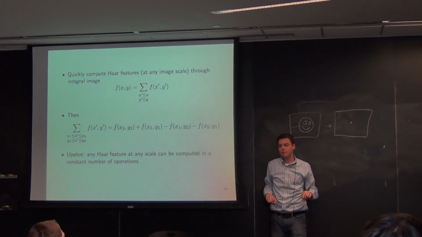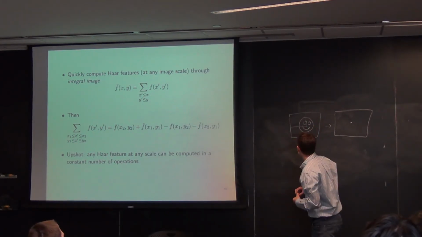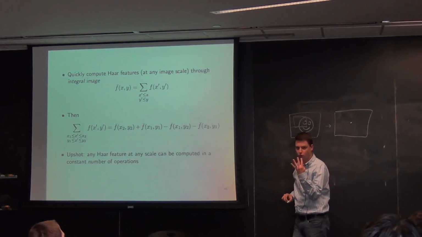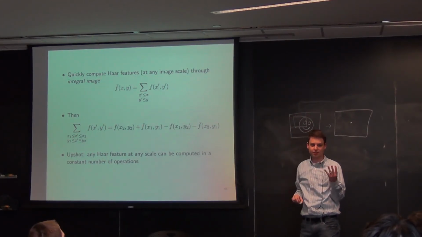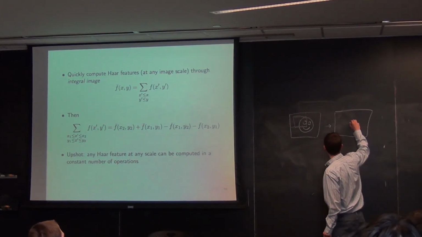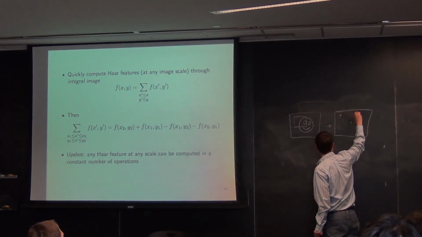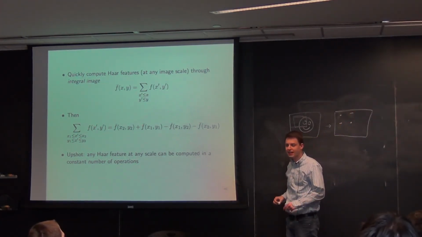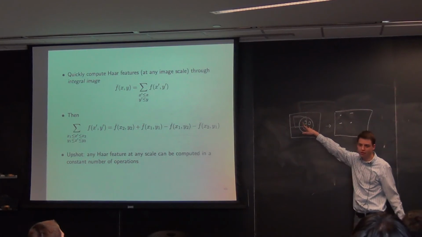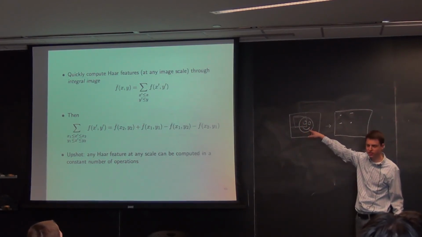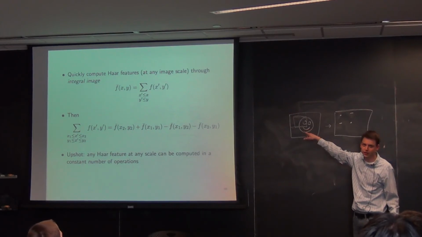If you do that, you can compute the sum of any patch in this original image using 4 operations, or 4 accesses to this other image here. All you do is you take this point plus this point minus these 2 points in the integral image. That is the sum of every point there. Does everyone actually see why that is the case? OK. It's a clever trick, right?